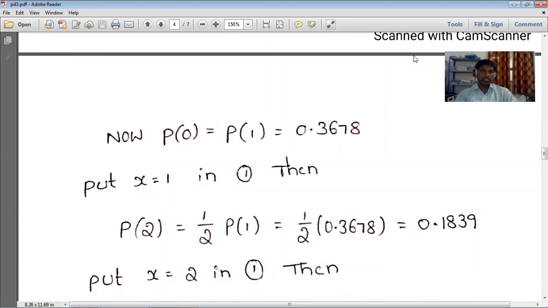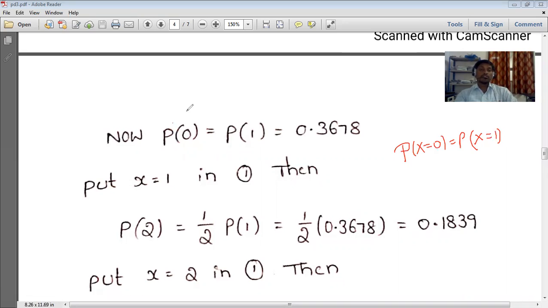In the problem itself they mentioned p of x is equal to 0 is equal to p of x is equal to 1. So we already calculated p of x is equal to 0, so we equate p of 1 to 0.3678.